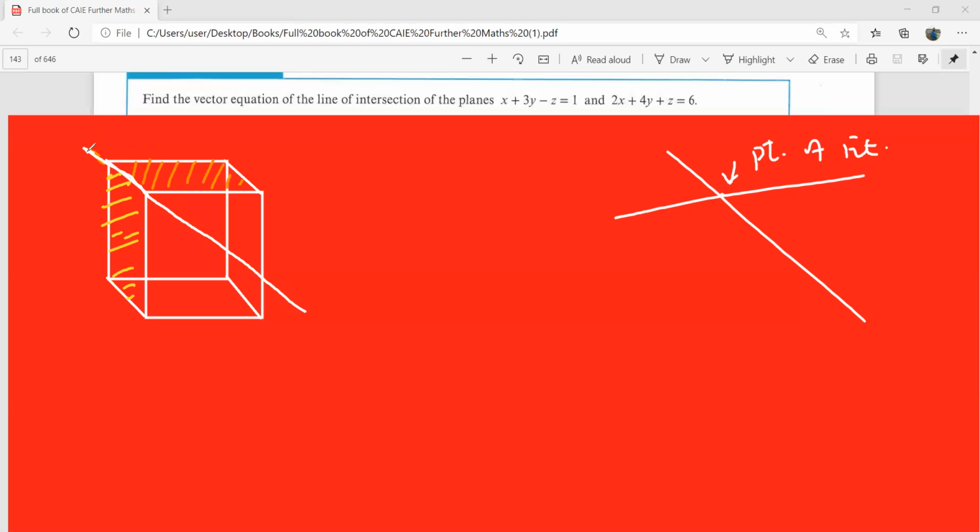If these planes are going up to infinity, this is the line of intersection of these two planes. Okay, so how to find the line of intersection of these planes?